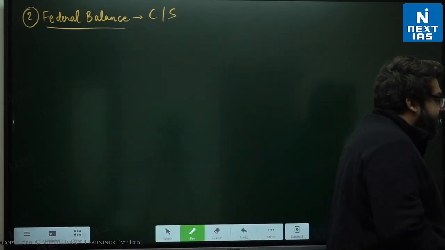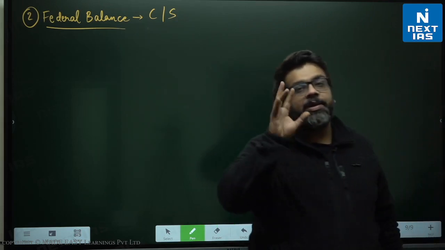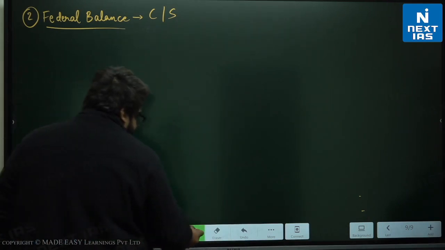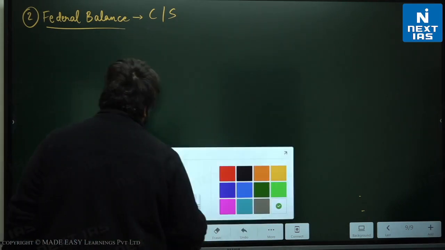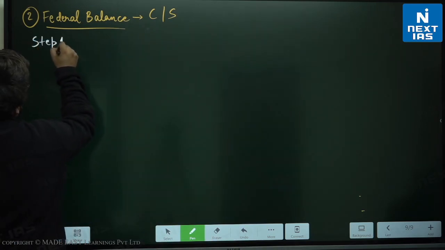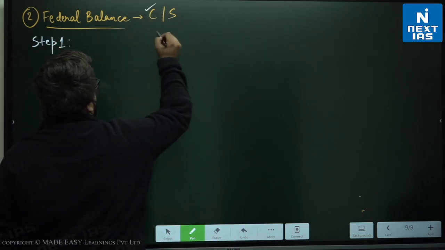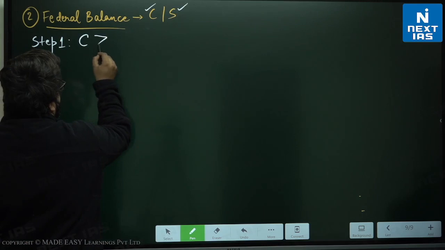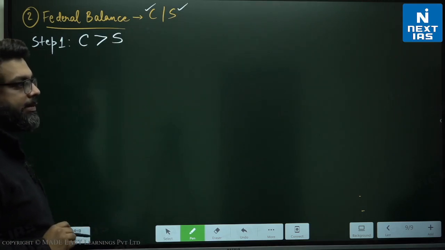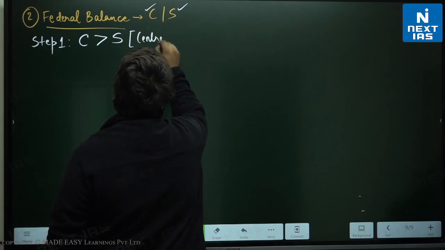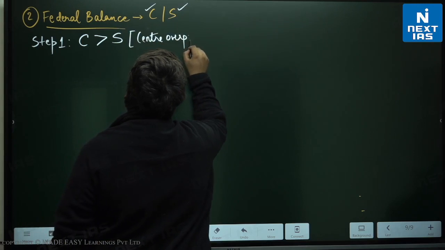Right? So this is exactly rule number 2, federal balance. Rule number 2, federal balance, is going to have 3 steps, where the elder sibling is the center and the younger siblings are the states. In step number 1, the center will do something to overpower the states.